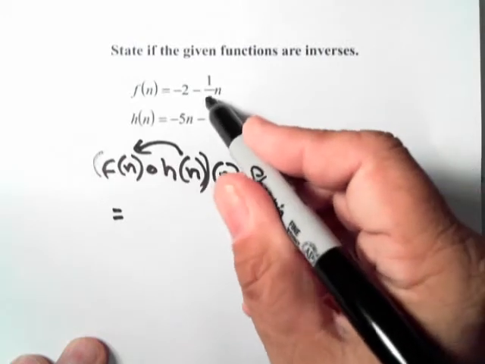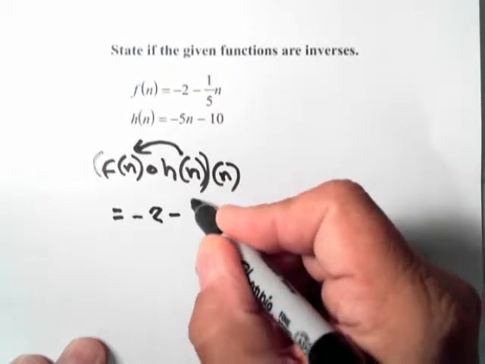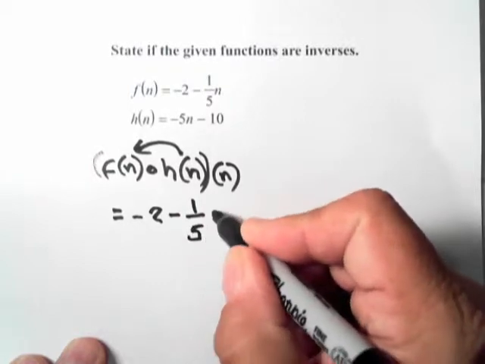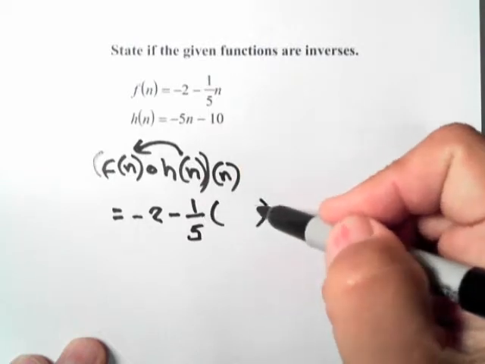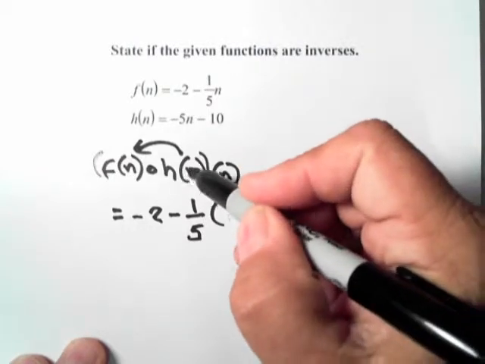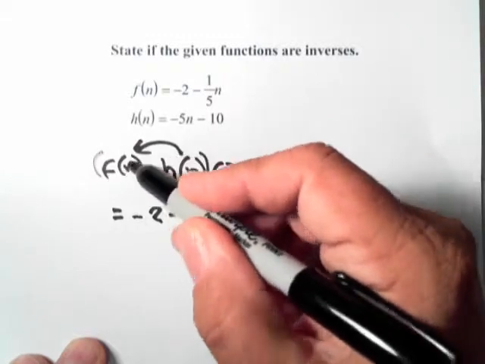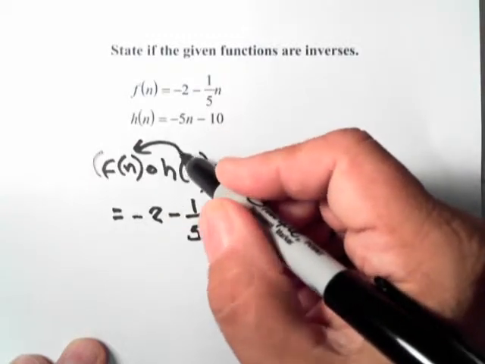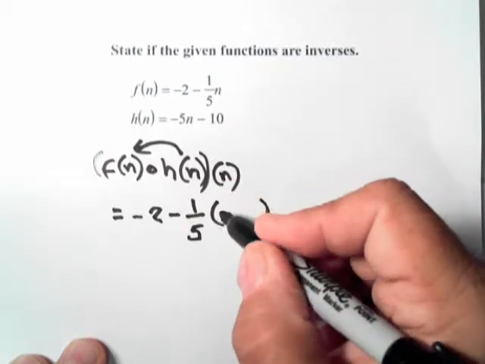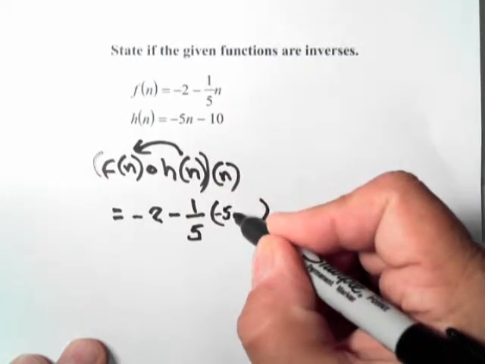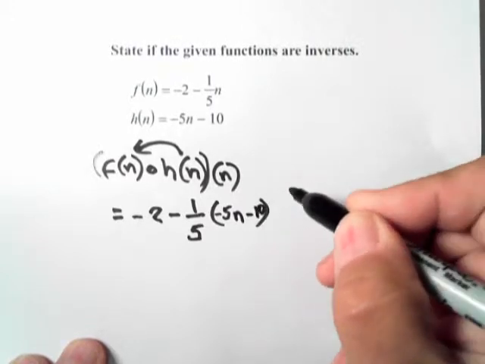So the first one here is negative 2 minus 1/5 times n. I make a set of parens for the n because what we're plugging in is the second one. That's how composition works. You always take the second one and plug it into the first. So it's negative 5n, minus 10.